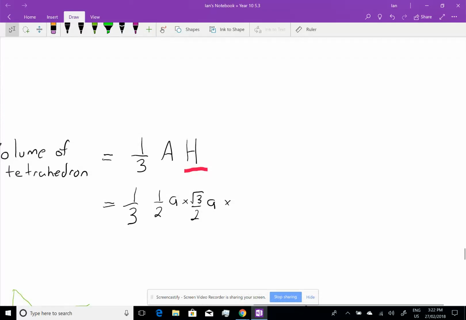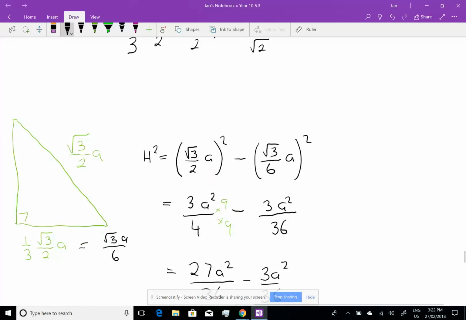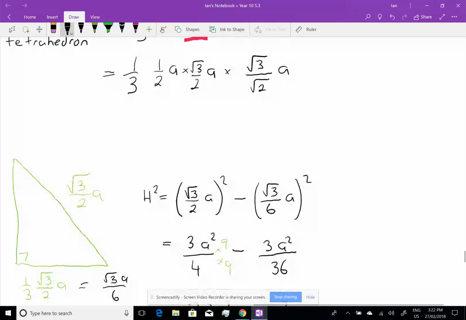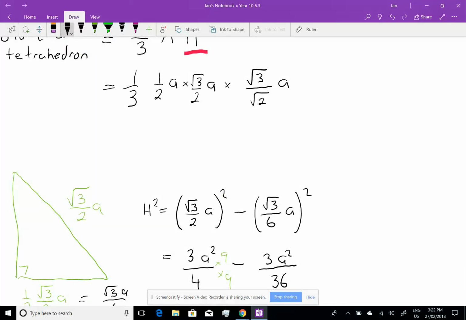So I'm going to put it in here. Root 3 on root 2a. That's what it is, root 3. Root 2 on root 3.